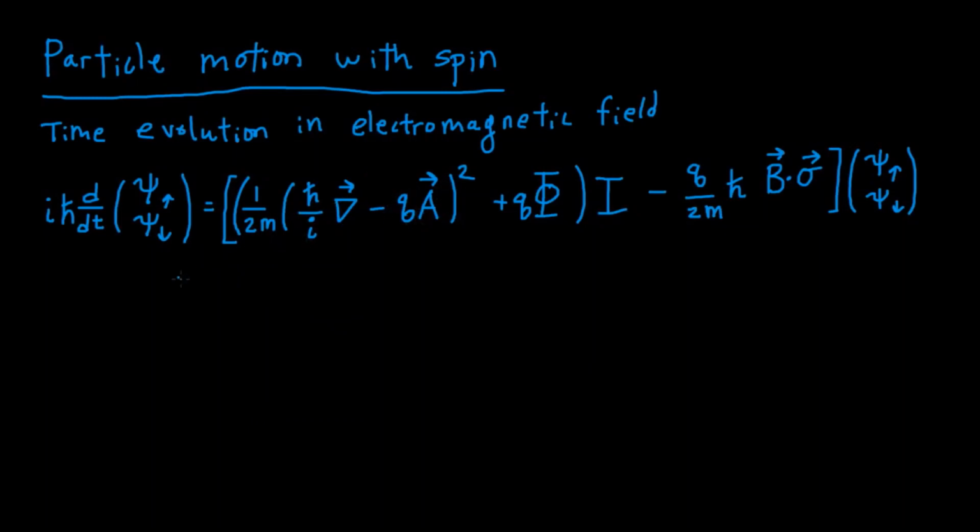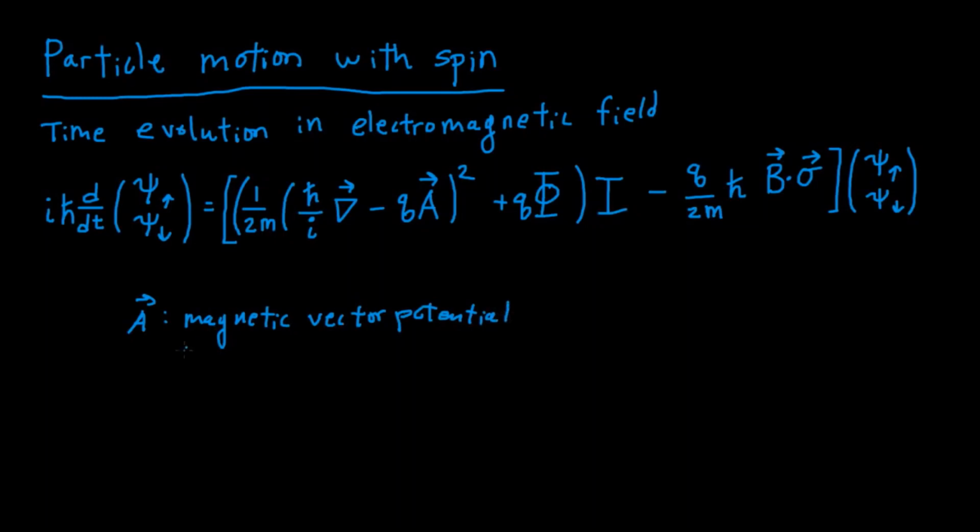Now you might not have ever seen this thing A before. A is something called the magnetic vector potential.